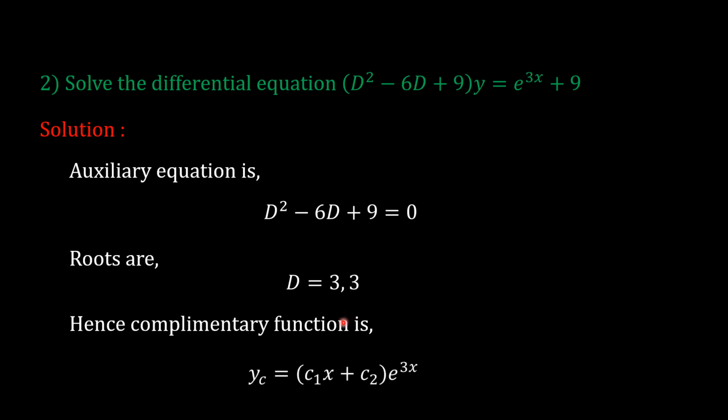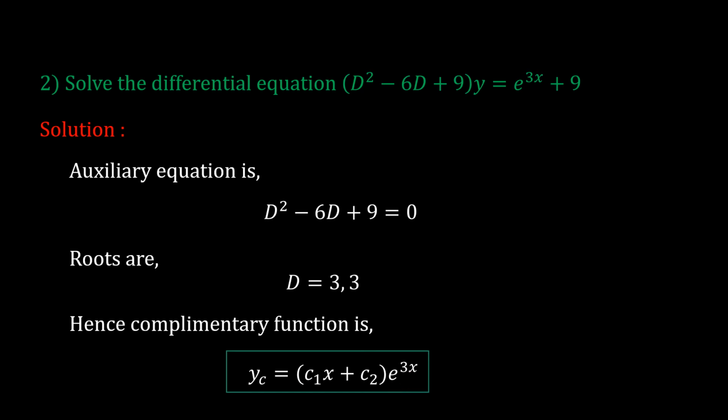Hence complementary function is yc = (c1 x + c2) e^(3x), as there are two roots, so two arbitrary constants. This 3 is from the root itself.